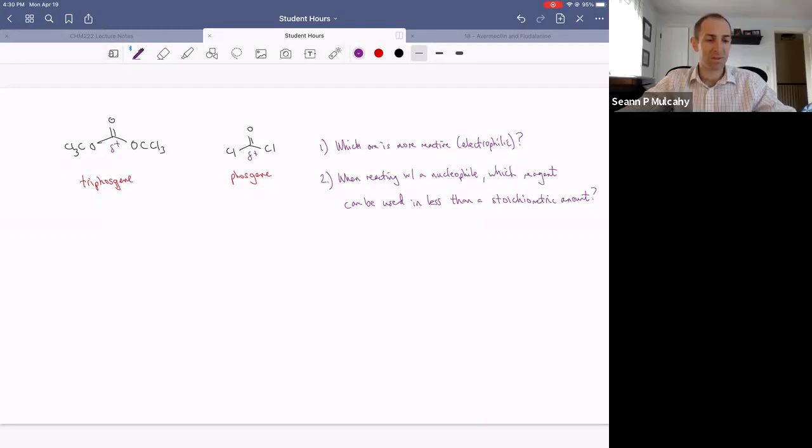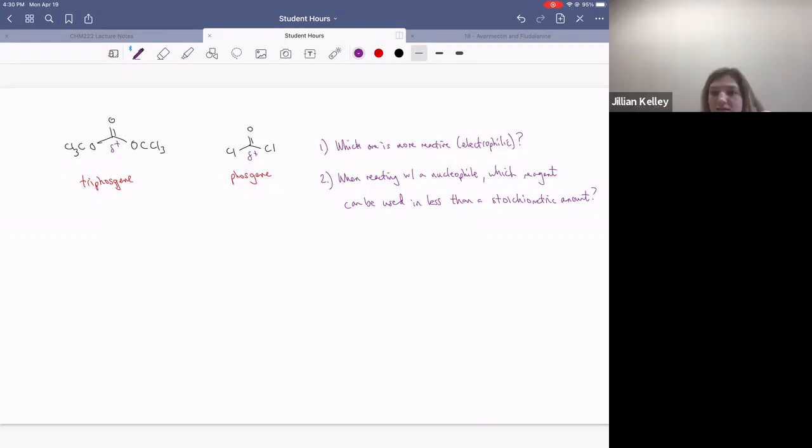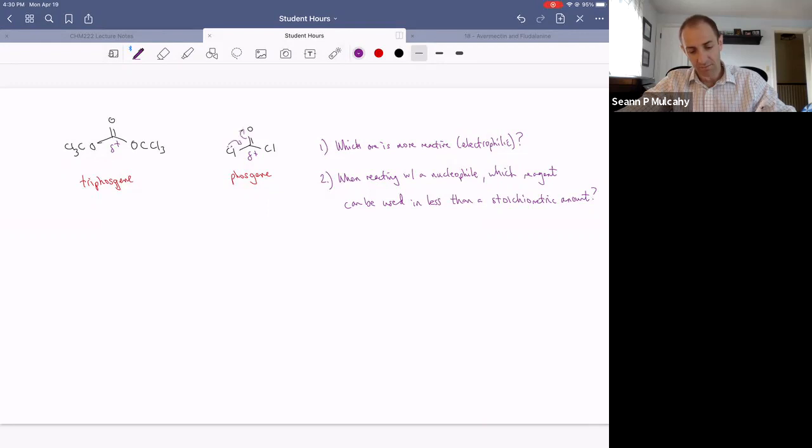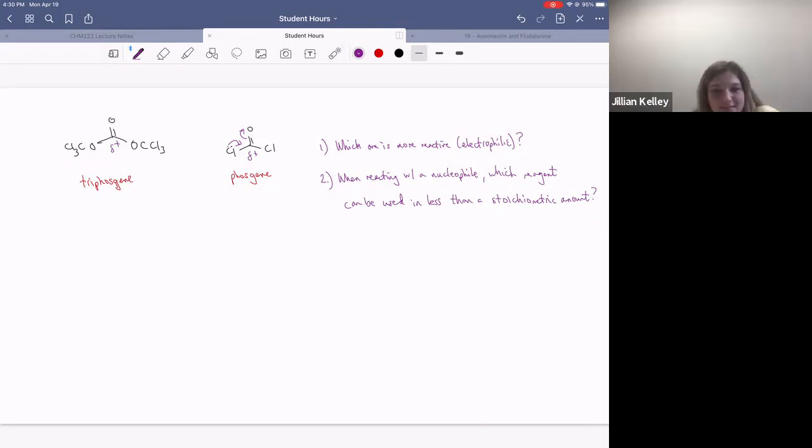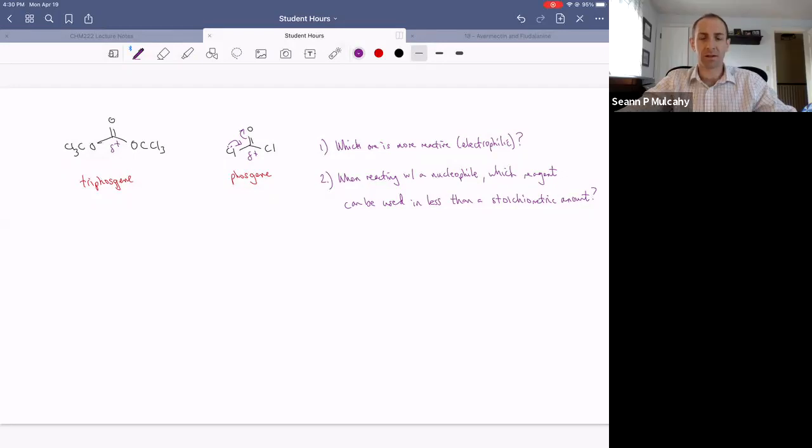So what's the more important factor? Resonance. Can these chlorine lone pairs resonate? Why not? Well, now I'm thinking about it. I've drawn it like that, but does that occur? It does not occur. Why does it not occur?